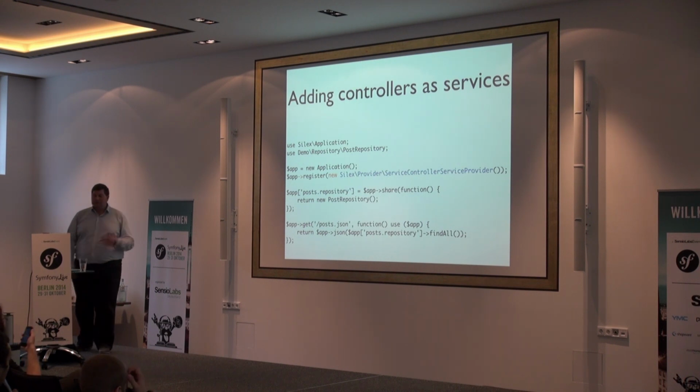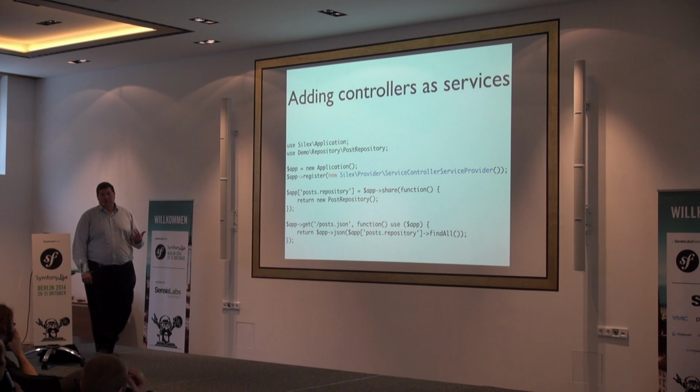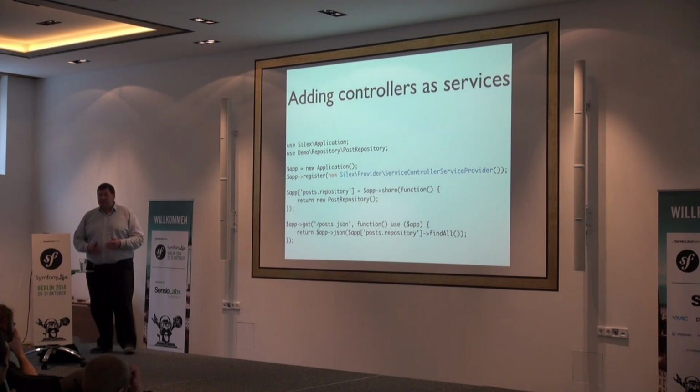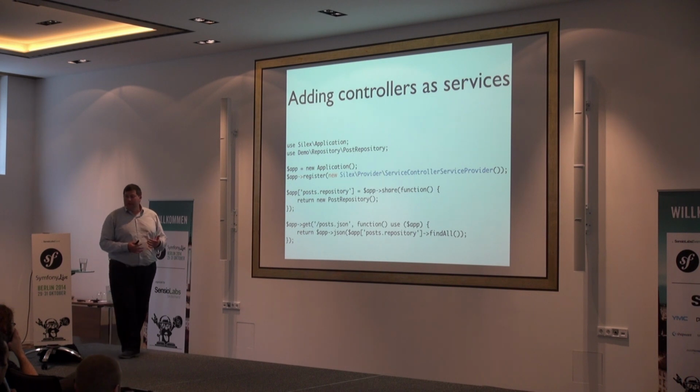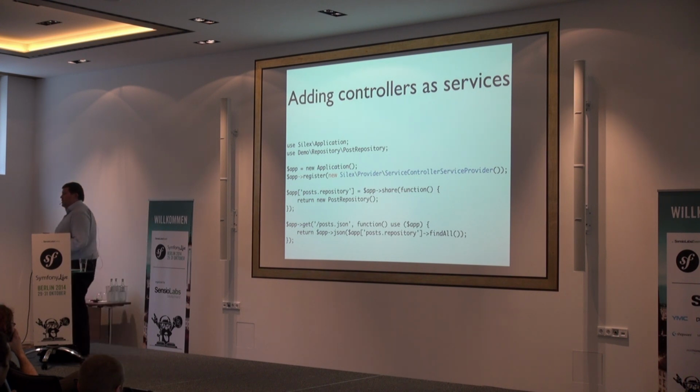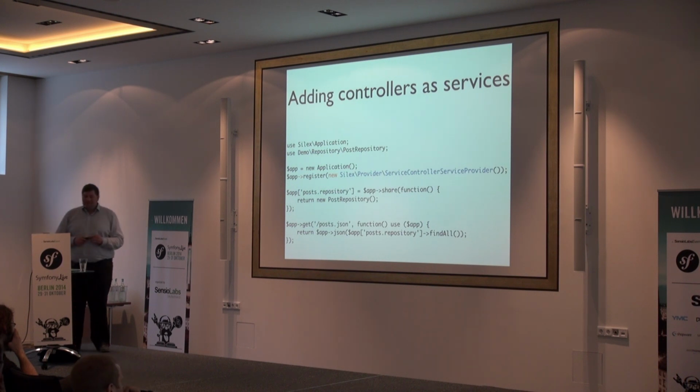So find all the posts from this repository and JSON encode them and return that as my response for post.json. As I add more functionality, I can wrap these in classes and just map the routes to that class. In this case, the only thing that I'm really exposing is the Doctrine Entity Manager's repository as a service, the post.repository service.